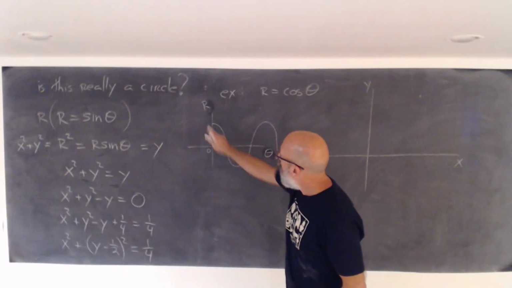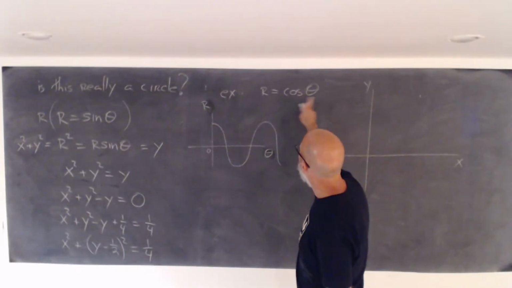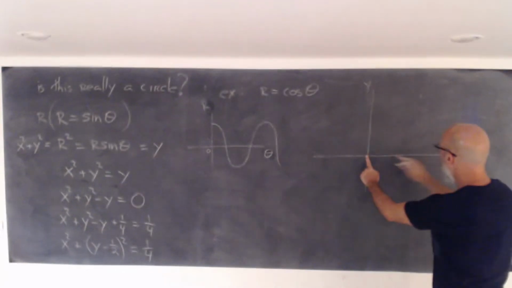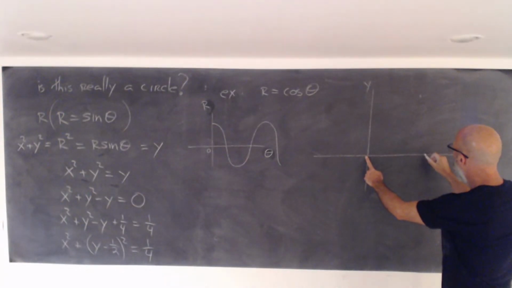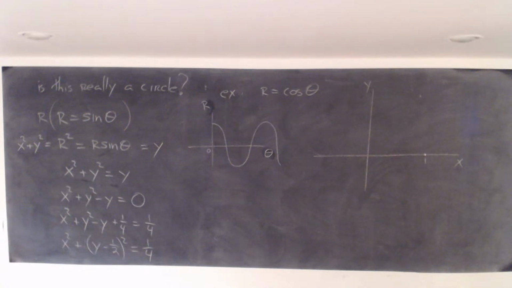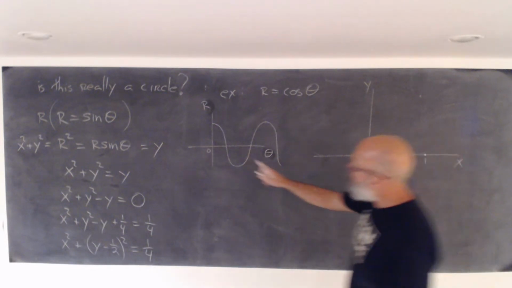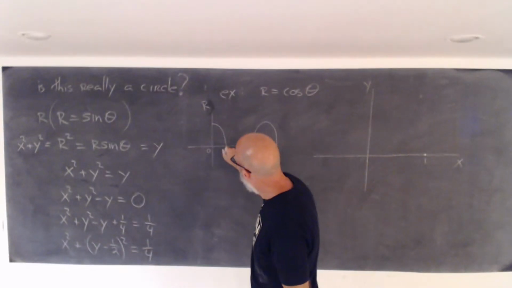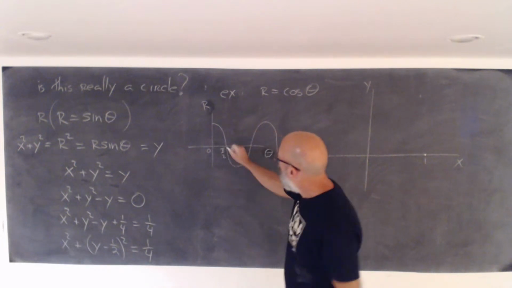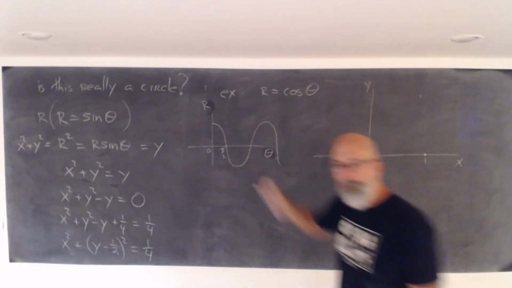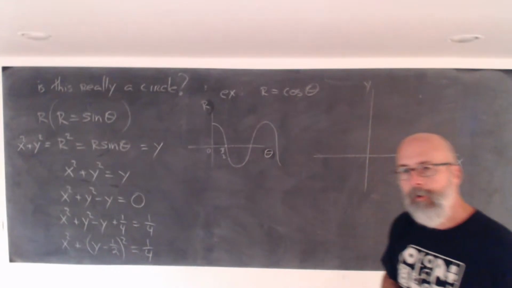At 0, cosine theta is 1. So we're going to start a distance of 1 away from the origin. And as you move to pi over 2, what is happening to theta?